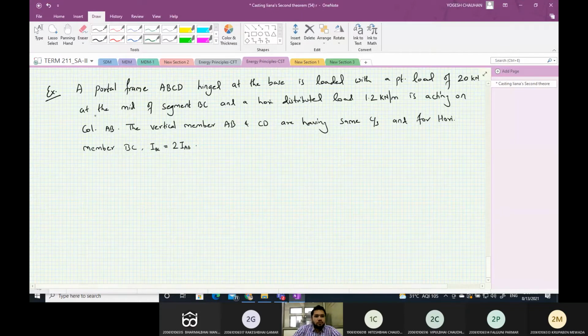Let us solve this. So we have been given a portal frame ABCD. So let us say this is the portal frame.